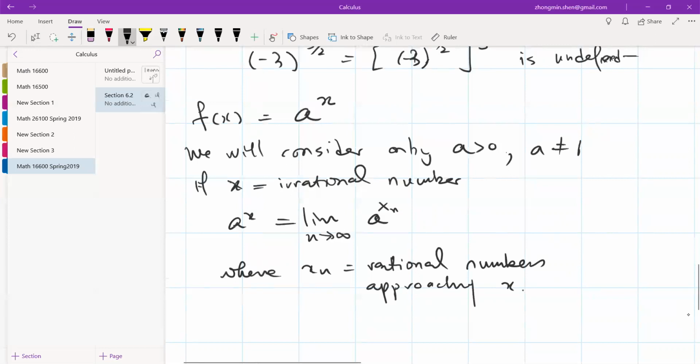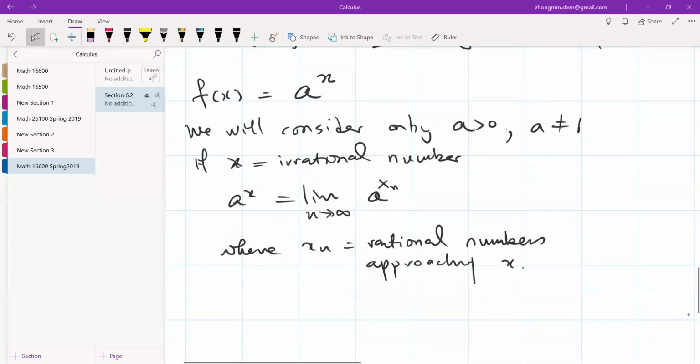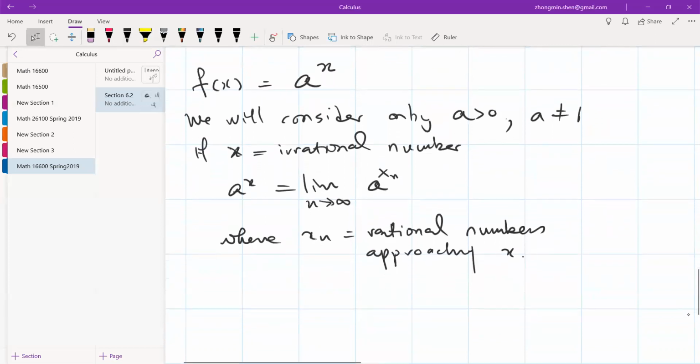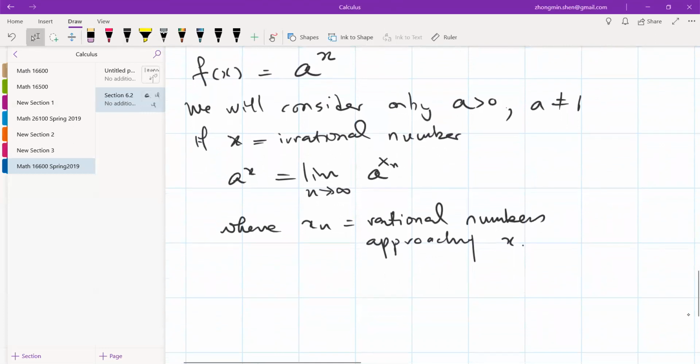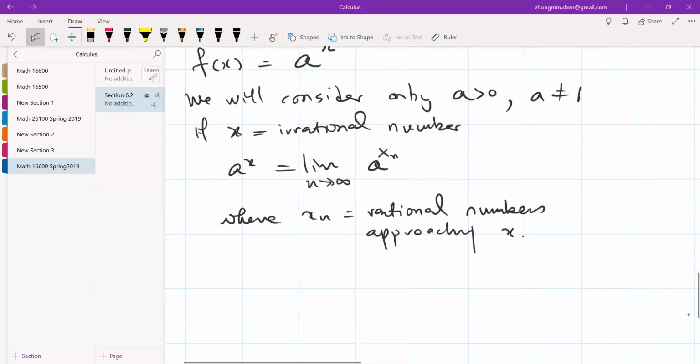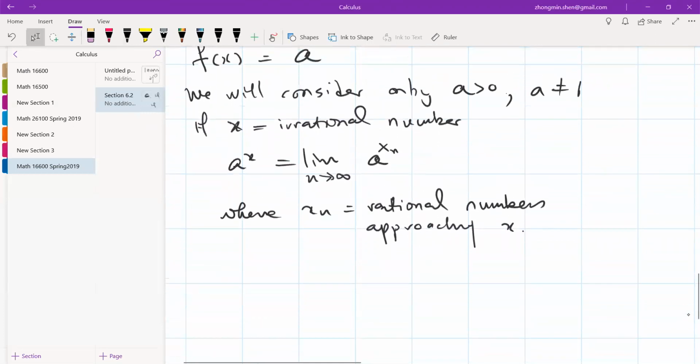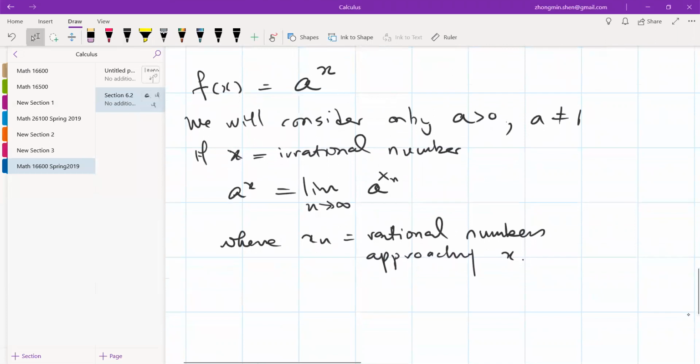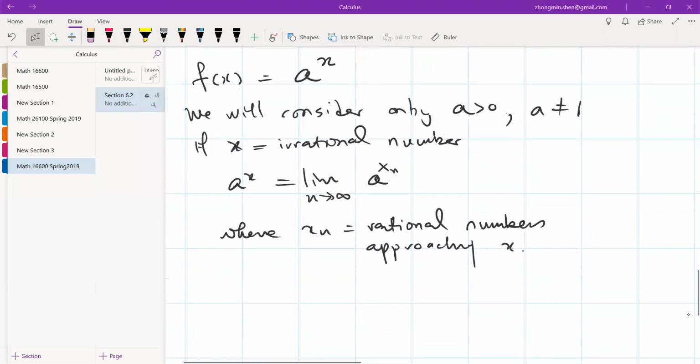It's harder to understand, but most of the numbers we see are irrational numbers, so we need to understand this function.